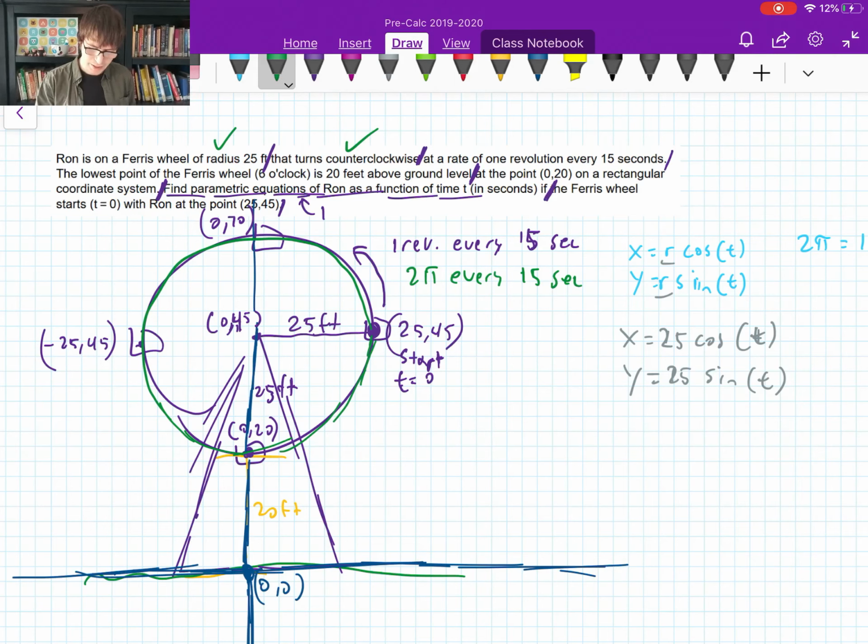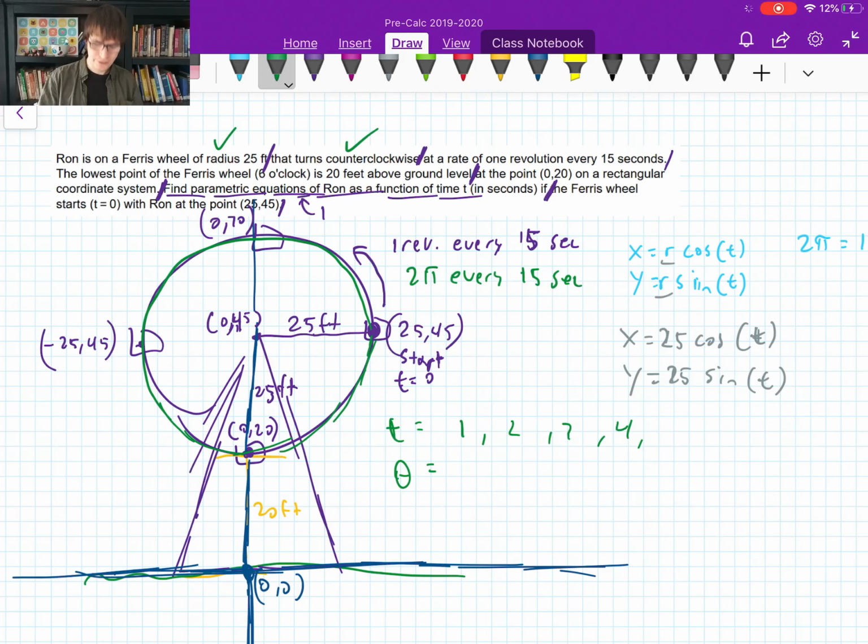We want 2 pi every 15 seconds. Let's get that third point. So 2 pi every 15 seconds. Well, that means every time I put in t, if t equals 1 or 2 or 3 or 4, I want the angle we put in to be not just 1, but 1/15th of 2 pi.